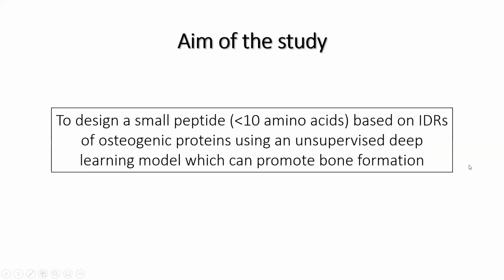So in this paper, they aim to design a small peptide, less than 10 amino acids long, based on the IDRs of osteogenic proteins, so proteins that have known function in bone formation, using an unsupervised deep learning model, which is the bioinformatics section of this, which can promote bone formation.